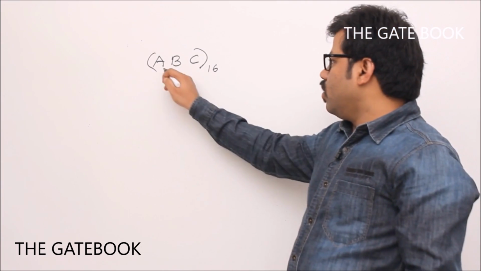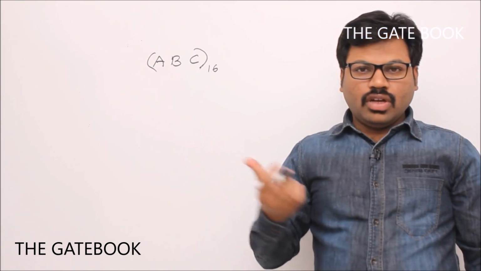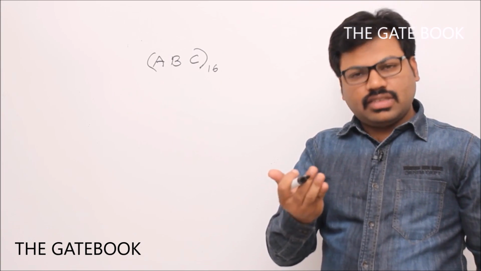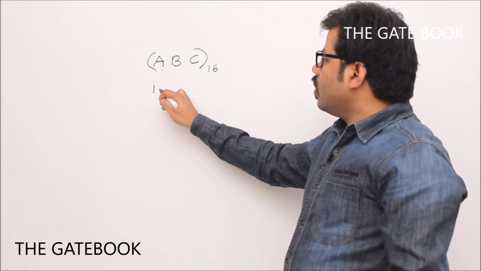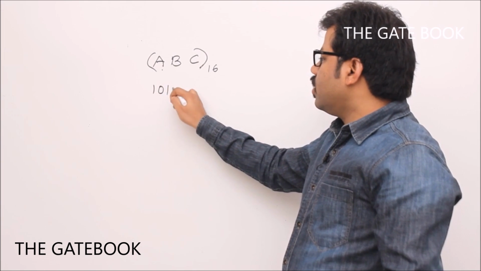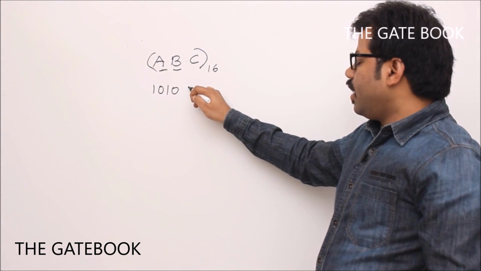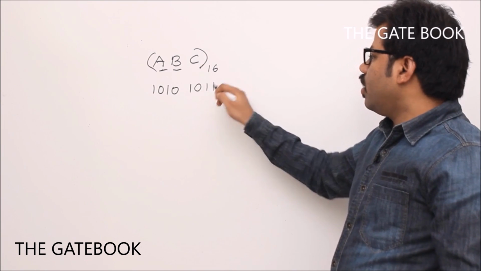I will tell you. Do you remember the grouping? For every 4 binary digits, we converted them to one hexadecimal digit. In the same way, we do reverse engineering. What is A? A means 10, right? 1010. In that way, convert each digit to binary. B, 8 plus 2 plus 1, B means 11. That means 1011.